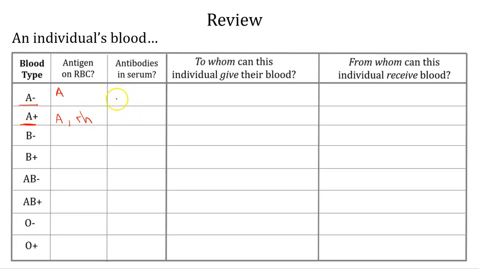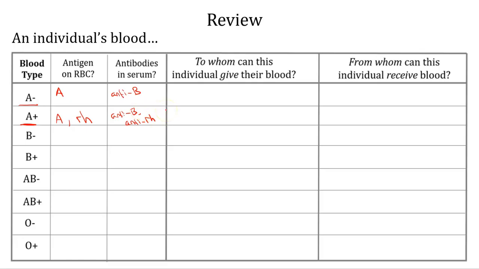The antibodies that they would have in their serum, they would have anti-B antibodies. And somebody with A positive blood, they'd have the anti-B. And while they might not have it innately, they could also have the anti-Rh made if they had an immune response. So we'll consider it, even though it's maybe not there now. It could come later. Okay, so those would be the situations.